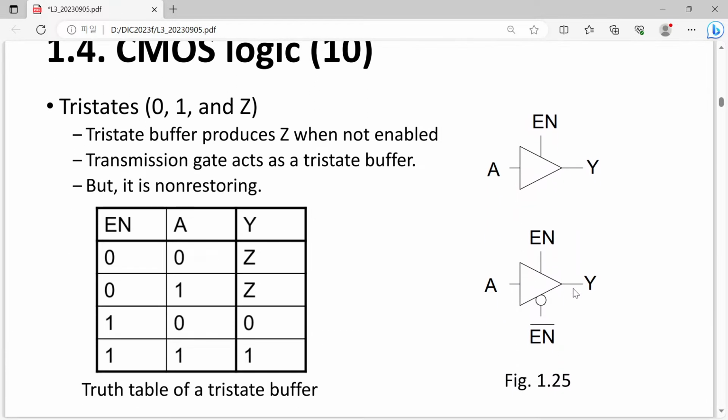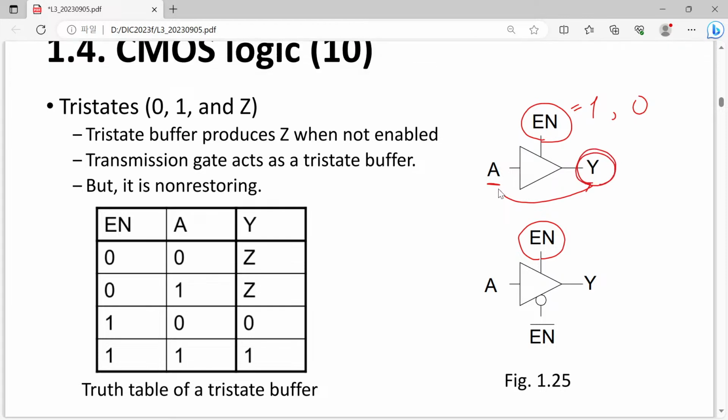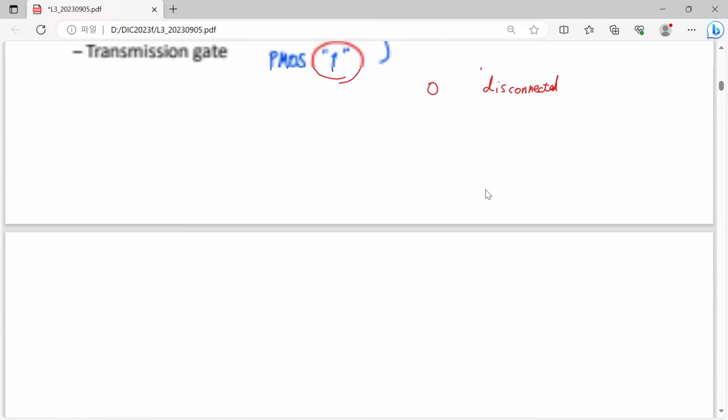Here we have a control signal, and when the control signal is 1, the input is just copied to the output, and when the control signal is 0, then the Y output is not related to our input signal A. That is the action of our previous test gate.